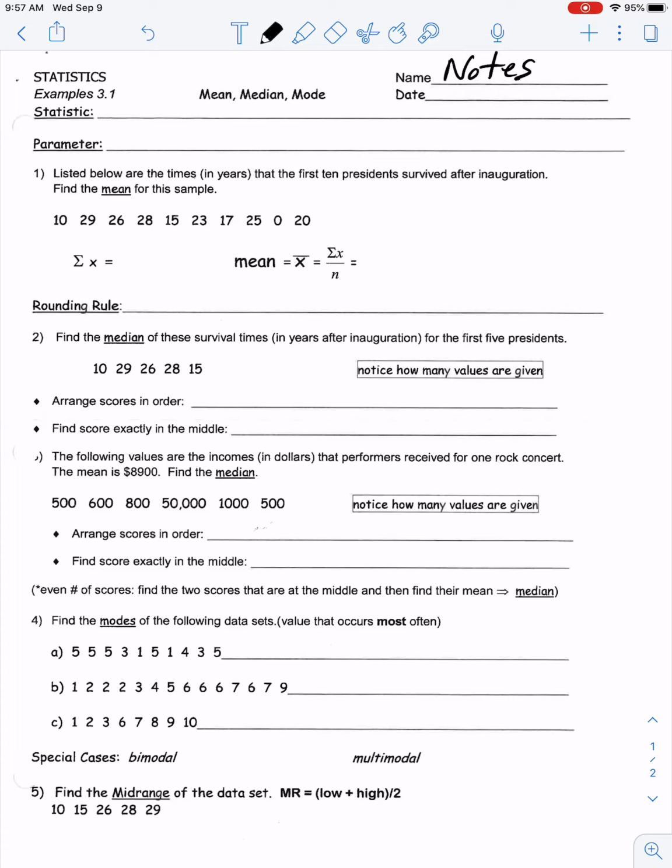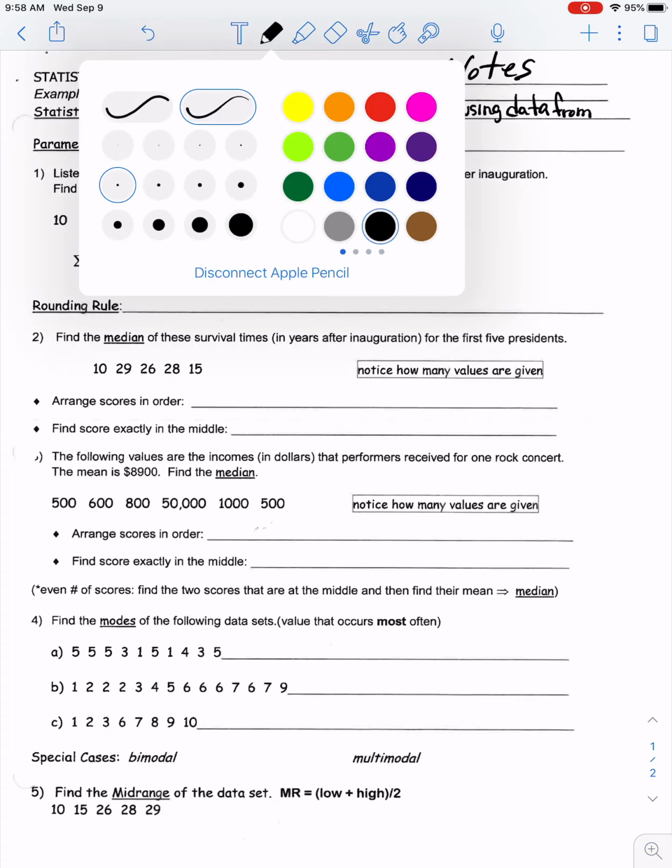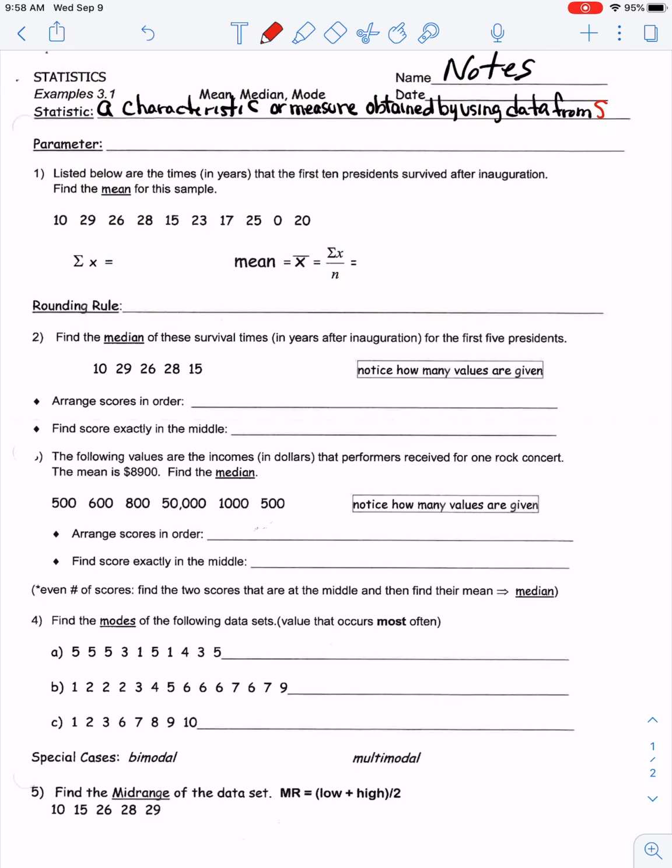Okay, first thing, I have a couple vocabs for you. If we call something a statistic, I want you to know that that's a characteristic or measure obtained by using data from, and I'm running out of space, so I'm going to just say from a sample.